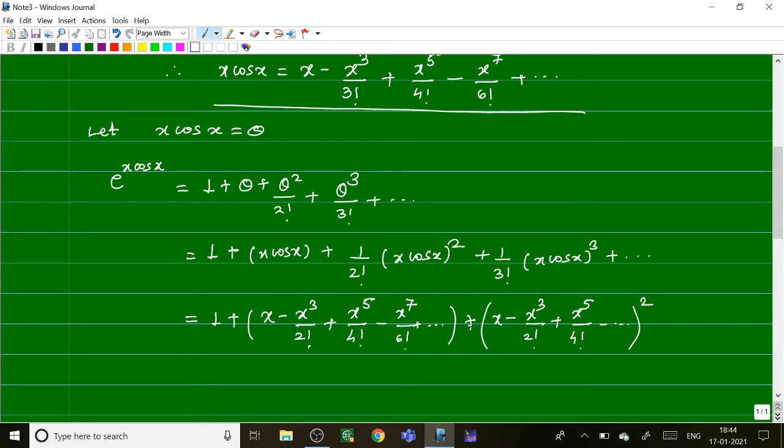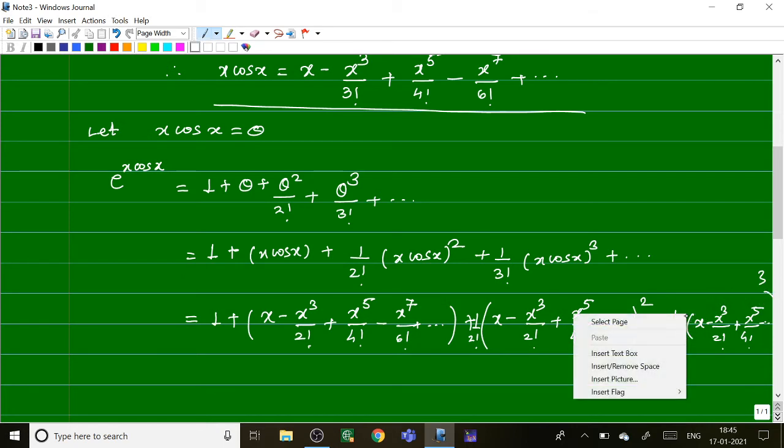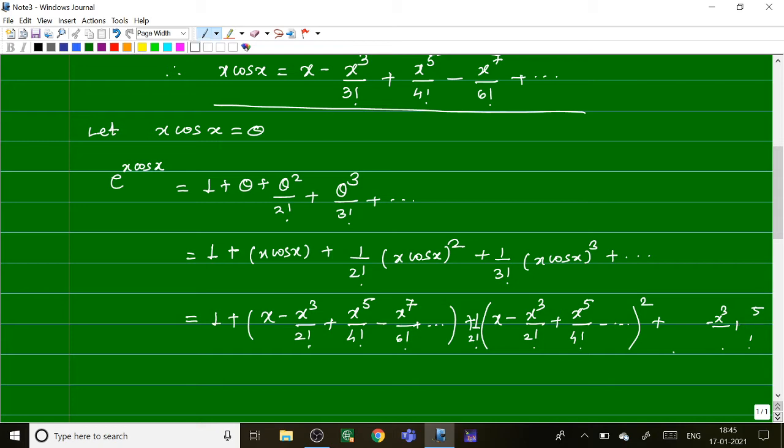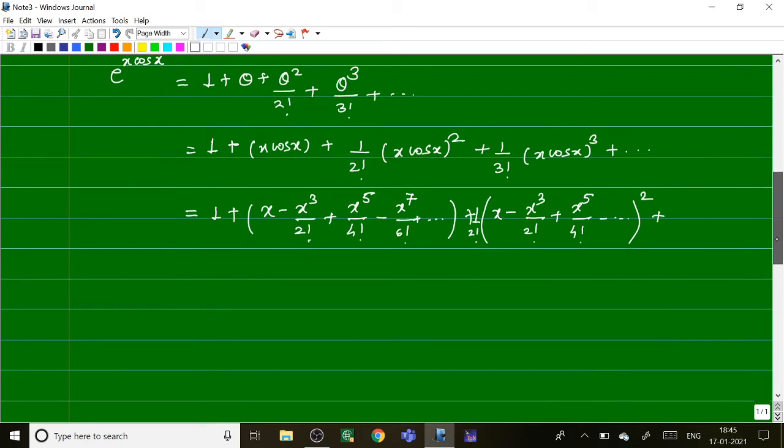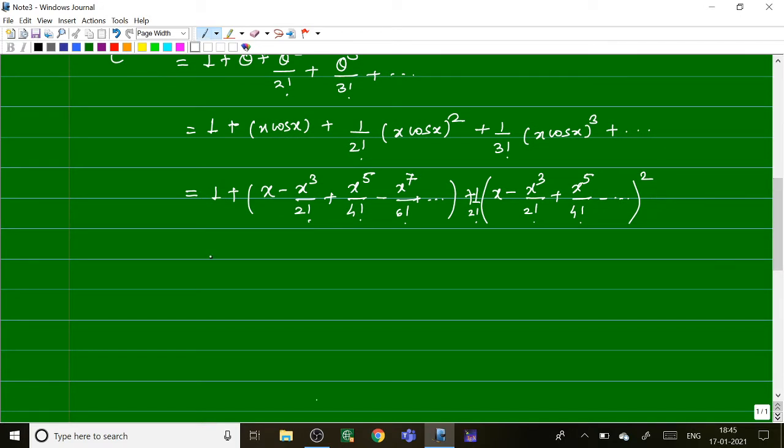It's a square, but then there is a coefficient 1 by 2 factorial, plus 1 by 3 factorial times x minus x cube by 2 factorial plus x to the 5 by 4 factorial minus x to the 7 by 6 factorial, it's a cube, and so on.